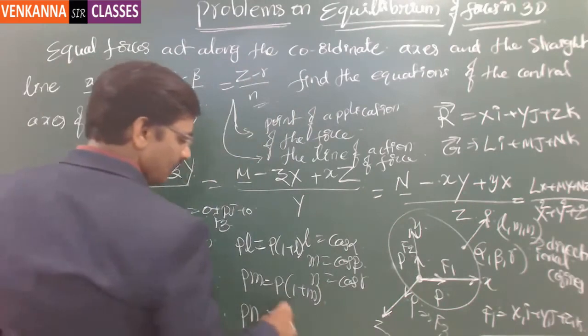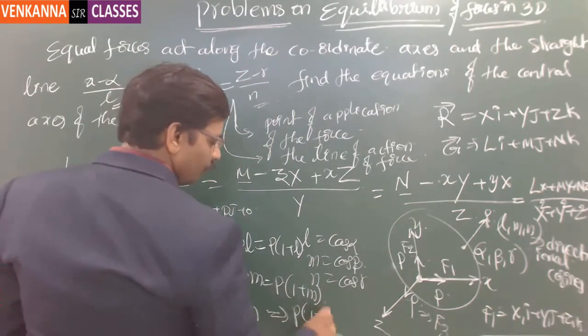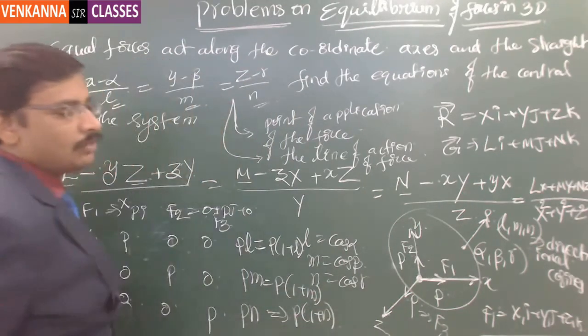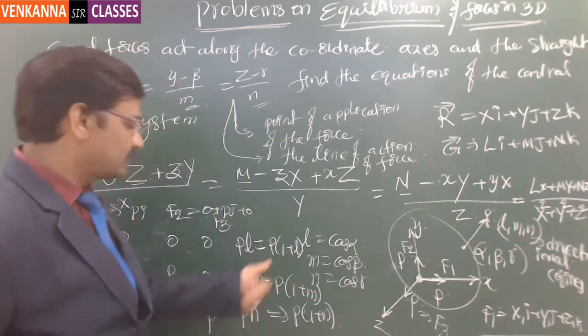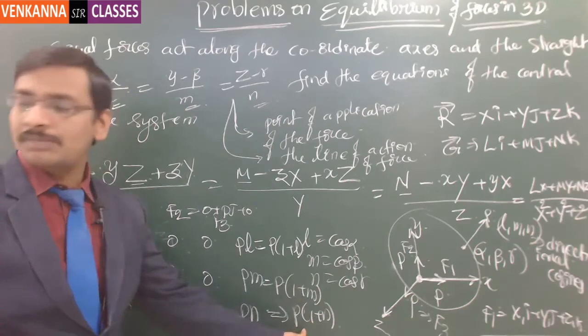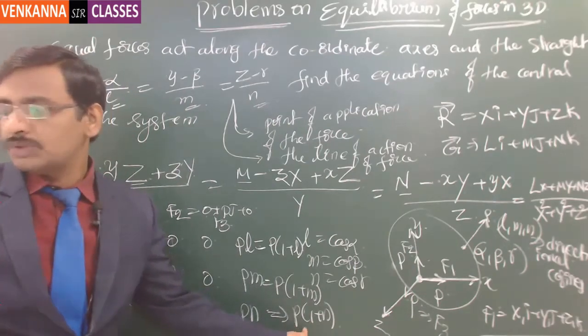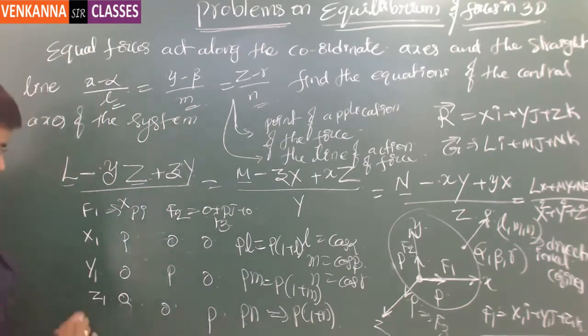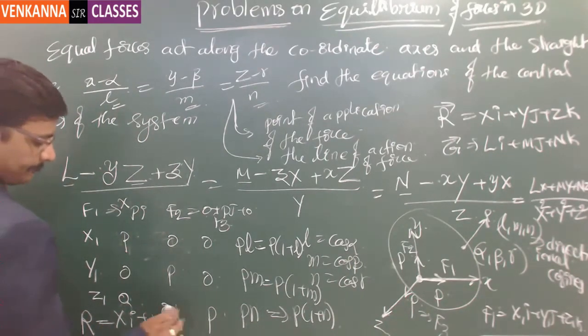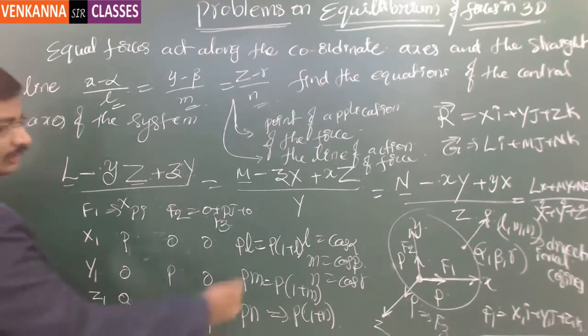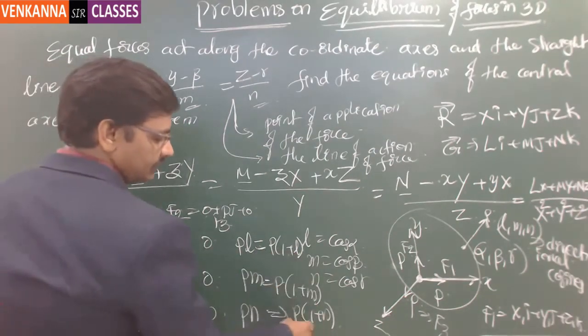And the last one is P times 1 plus N, which is the component of the forces together along the z-axis. So this is capital X, this is capital Y, and this is capital Z. Got it? So we have got the R value. R is nothing but Xi plus Yj plus Zk, where this is X, this is Y, and this is Z.